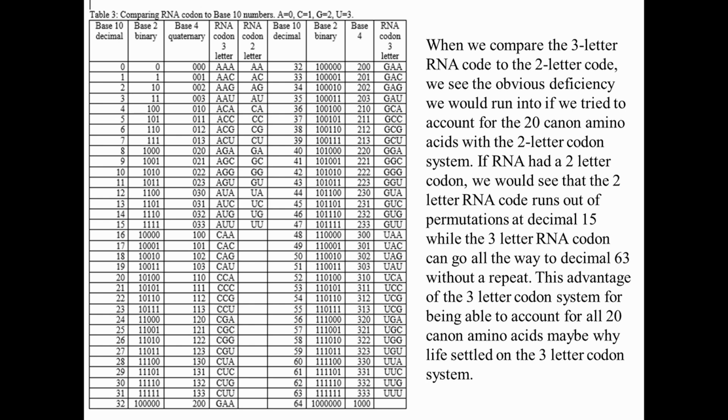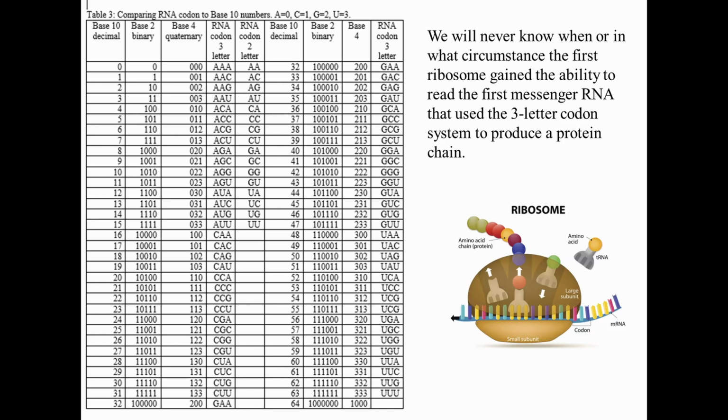This advantage of the 3-letter codon system for being able to account for all 20 canonical amino acids may be why life settled on the 3-letter codon system. We will never know when or in what circumstance the first ribosome gained the ability to read the first messenger RNA that used the 3-letter codon system to produce a protein chain.